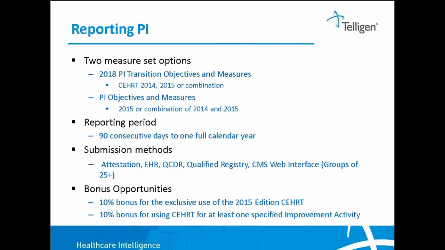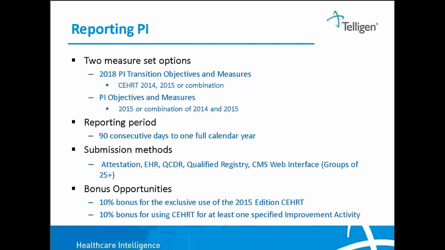I don't really see any significant changes in the reporting for the PI category. We have the option of the two major sets. These were inherited from the modified Stage 2 meaningful use and the Stage 3 meaningful use, and they're in order to gauge the level and the maturity of the EHR usage.